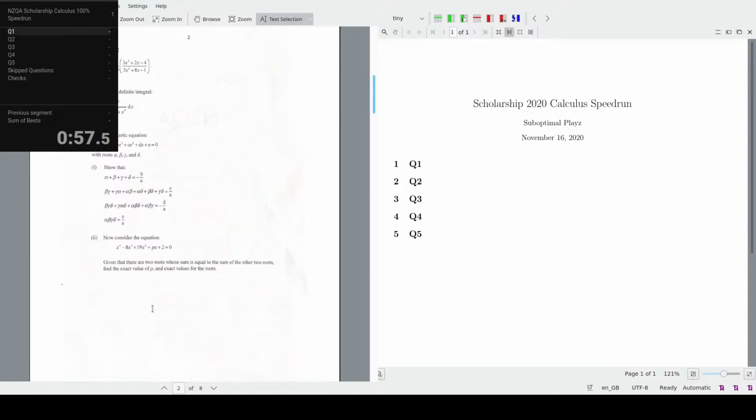Alright, next problem. Evaluate the definite integral. This seems... This is like... Okay, first I'm going to sub, because I swear this is like one of the trig ones, right?